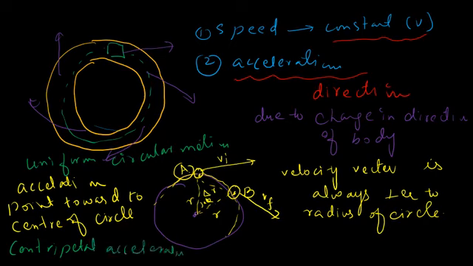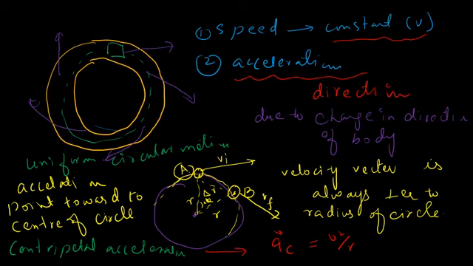The magnitude of the centripetal acceleration can be represented by a_c, where the subscript c represents centripetal, and its magnitude is always equal to v squared over r. Here v represents the speed, and r represents the radius.